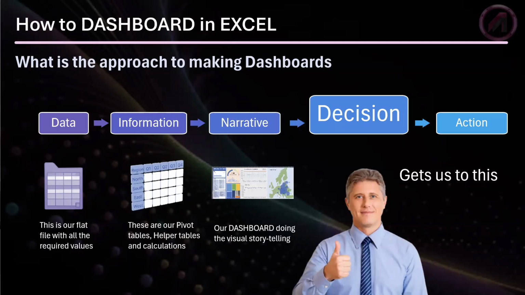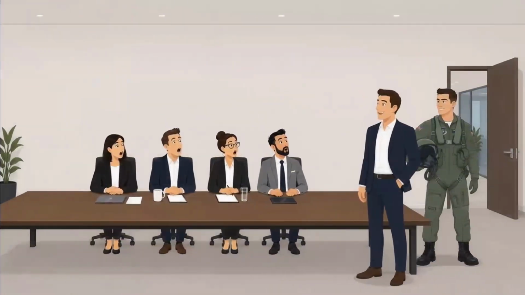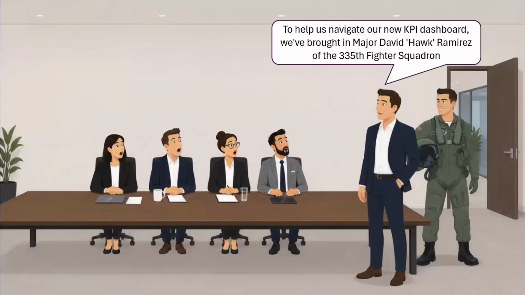A bit of a caricature of what goes on, but what you don't want is to make it complicated. To help us navigate our new KPI dashboard, we've brought in Major David Hawk Ramirez from the 335th Fighting Squadron. Some of these, and I'll show you some, are absolutely ridiculous in the amount of complexity they have in mind. What you don't want is to make it like an aircraft cockpit. You will see these out online, offering to help you with your dashboard.